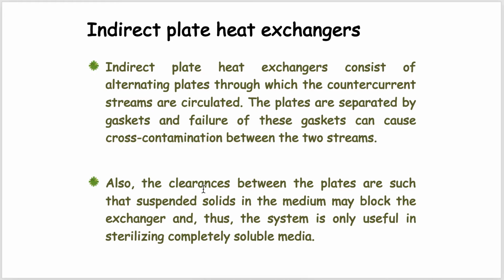So suspended solids can easily settle down inside the sterilizer and may block the exchanger. That's why indirect plate heat exchangers are not suitable for suspended solids. If you want to sterilize suspended solids, you have to go for the spiral heat exchanger. But if your media do not contain any suspended solids, you can just use an indirect plate heat exchanger.